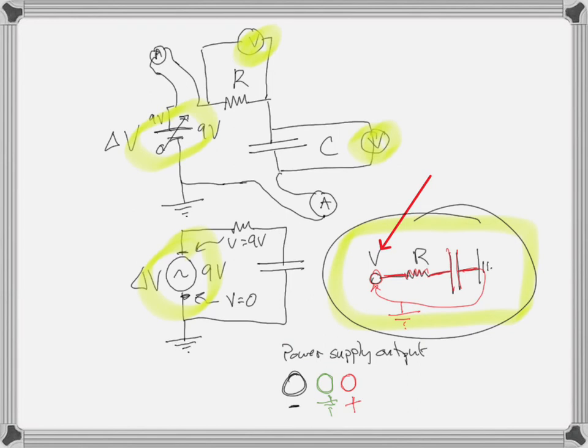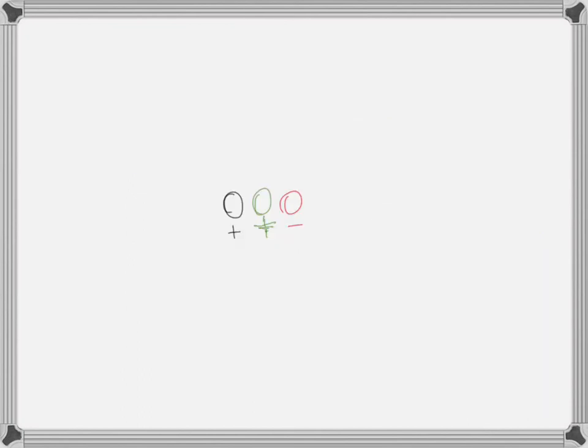You got a negative, a positive, and a ground. So you'll literally take a wire from the plus, you'll go to your resistor, you'll go to the capacitor, and this is just an RC circuit with a resistor and a capacitor, and then you'll go to the minus, right?